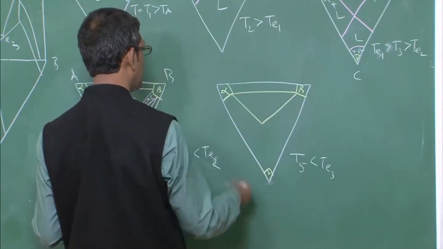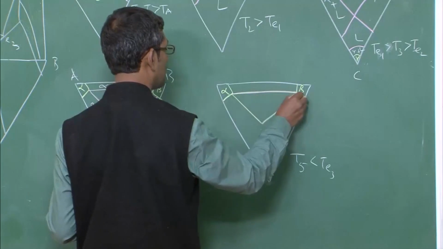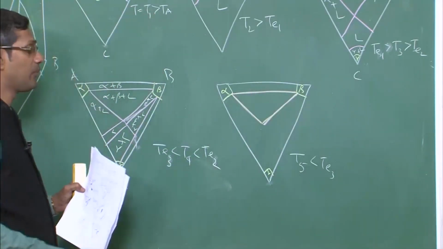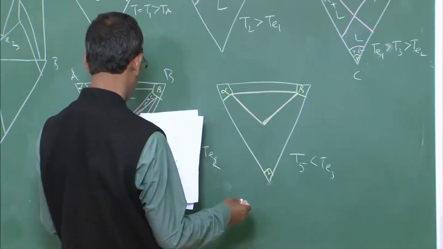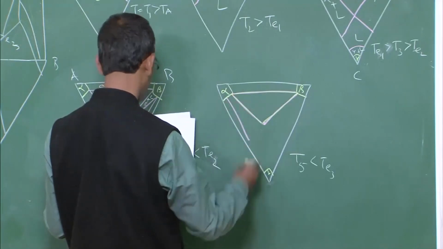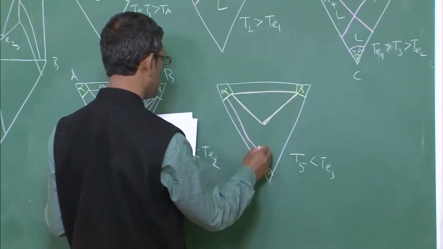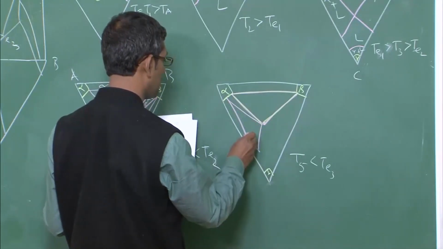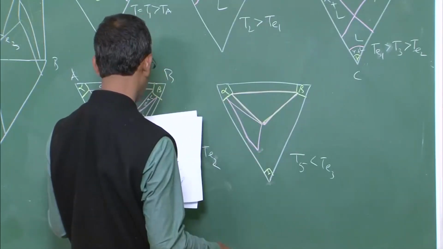This is the first triangle, ternary equilibria between liquid plus alpha plus beta, and this is the second triangle. The second triangle will be here, and the third triangle will be here.